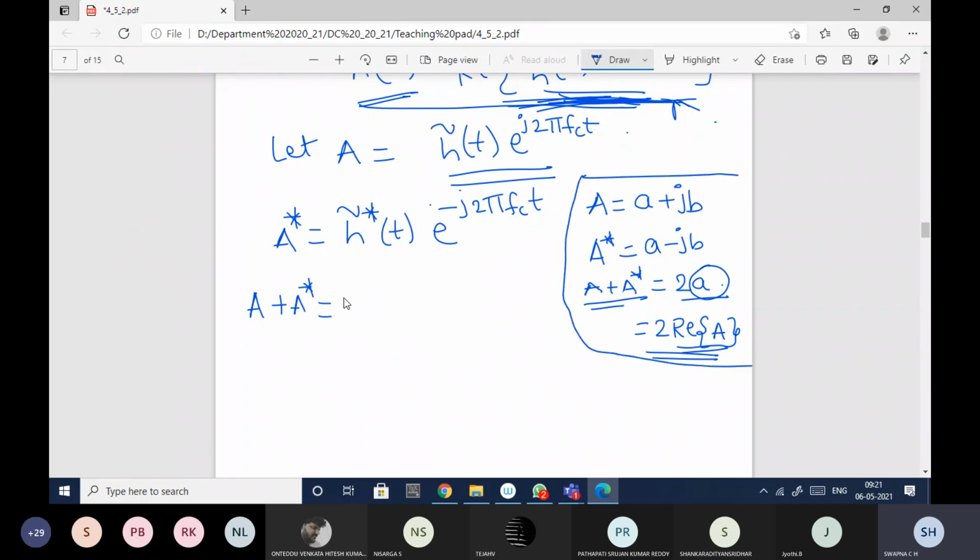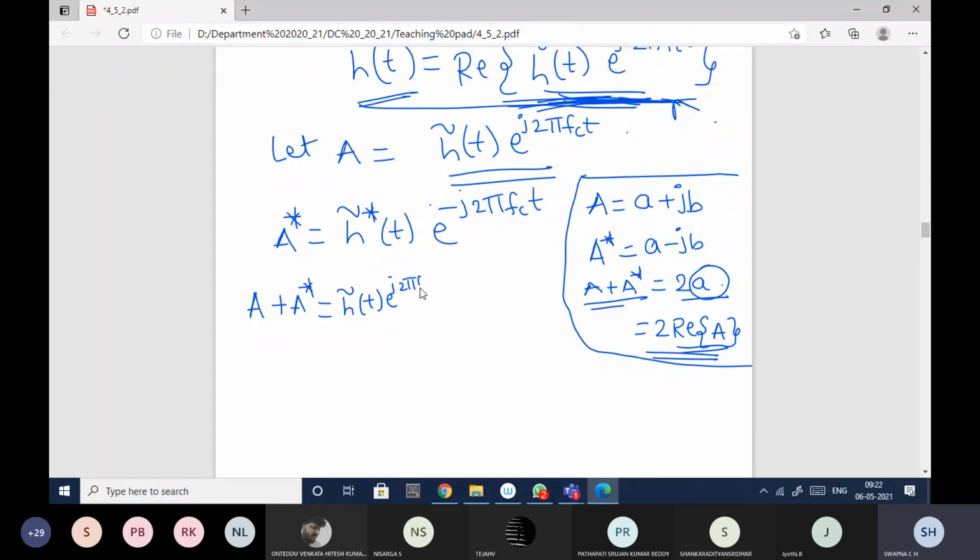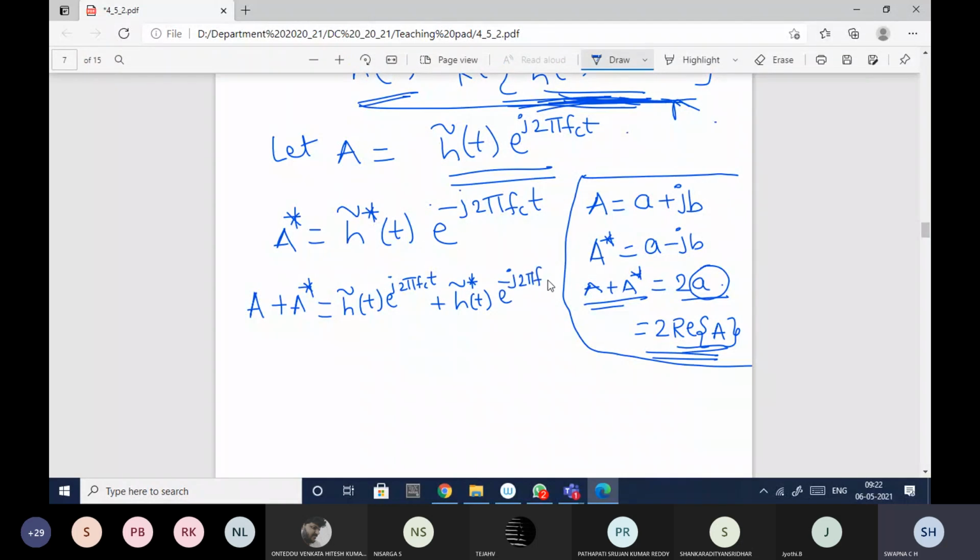So A plus A star I can write as H tilt of t e power j2 pi fct plus H tilt star of t e power minus j2 pi fct.